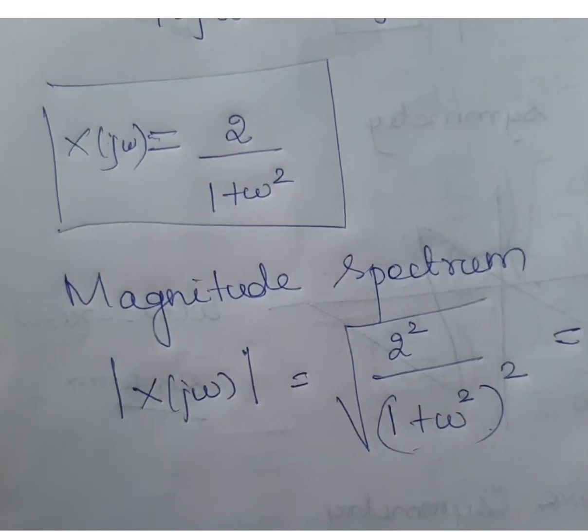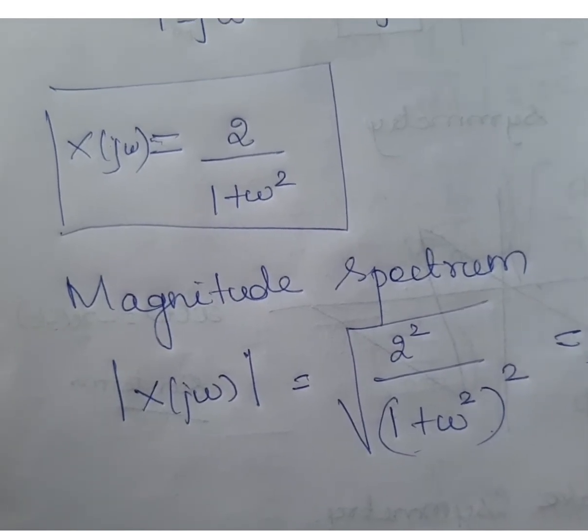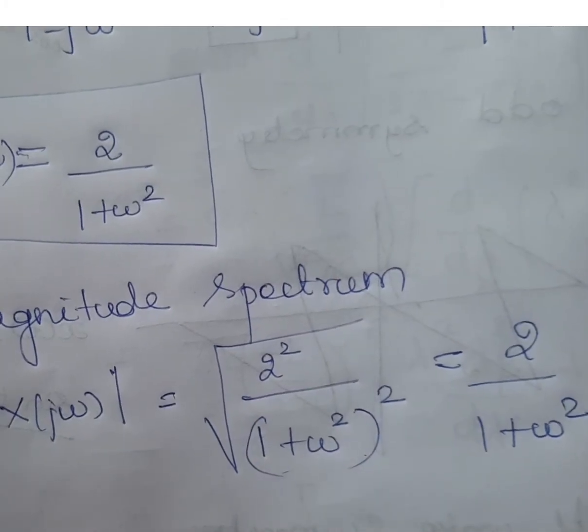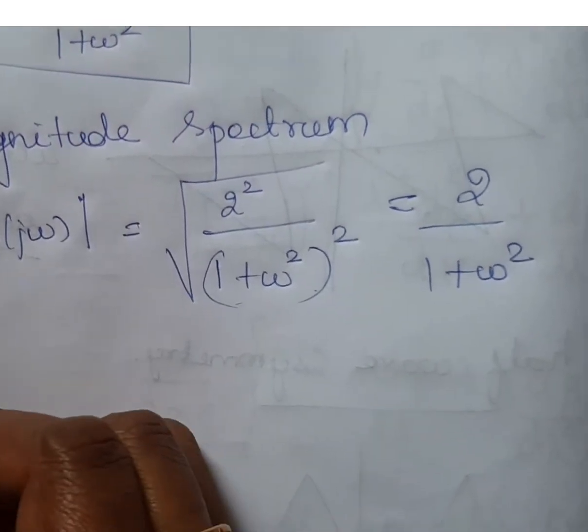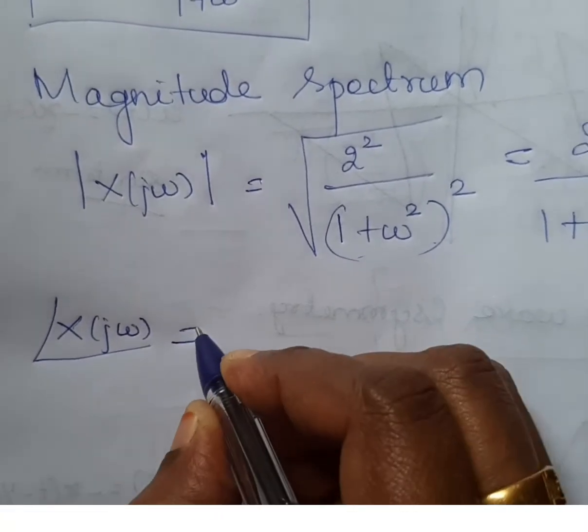So if you take the root, so it becomes 2 by 1 plus omega squared, okay, so it is the magnitude spectrum.